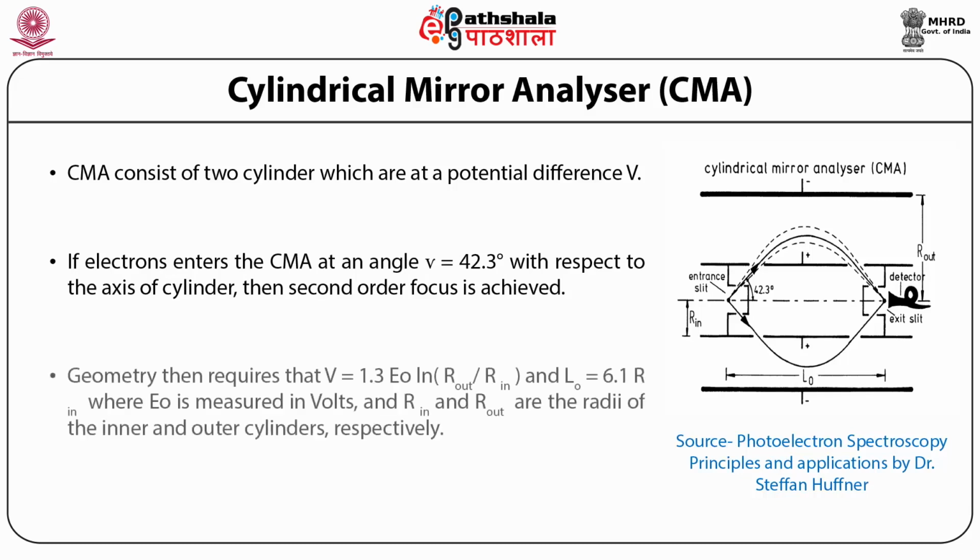Here, V is equal to 1.3 times E naught ln into the ratio of R out upon R in, where L naught is equal to 6.1 into R in and E naught is in volts. They are good for applications that require a high sensitivity with only a moderate resolution.